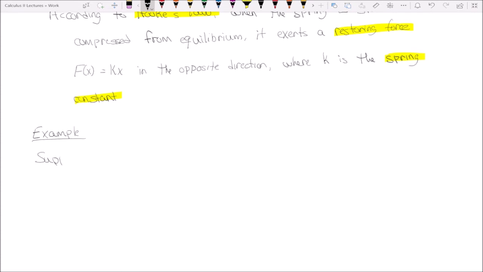So let's suppose that it takes 10 newtons to compress a spring 0.2 meters from equilibrium.